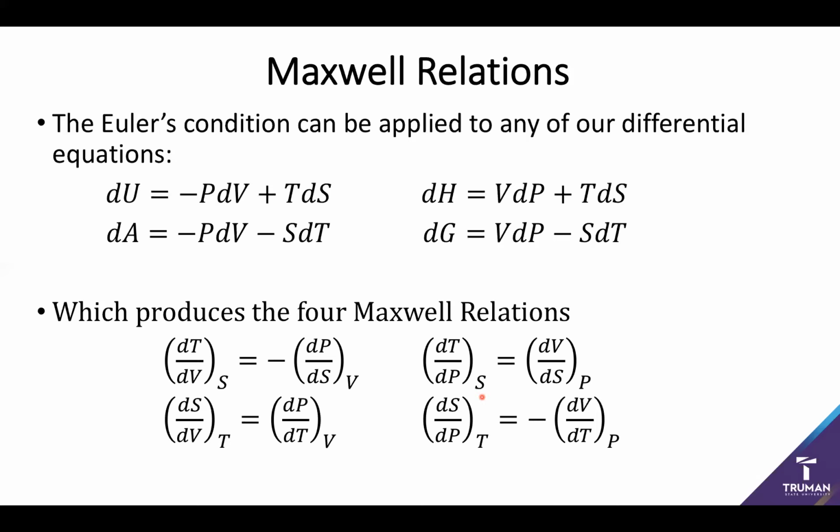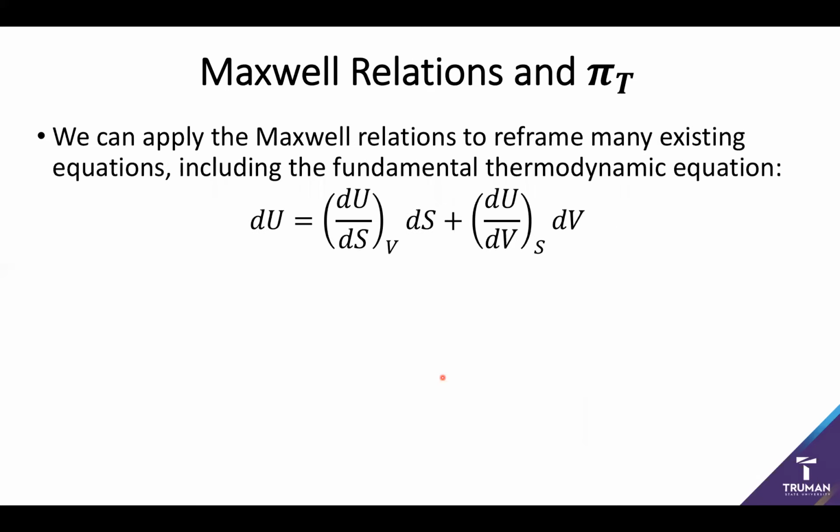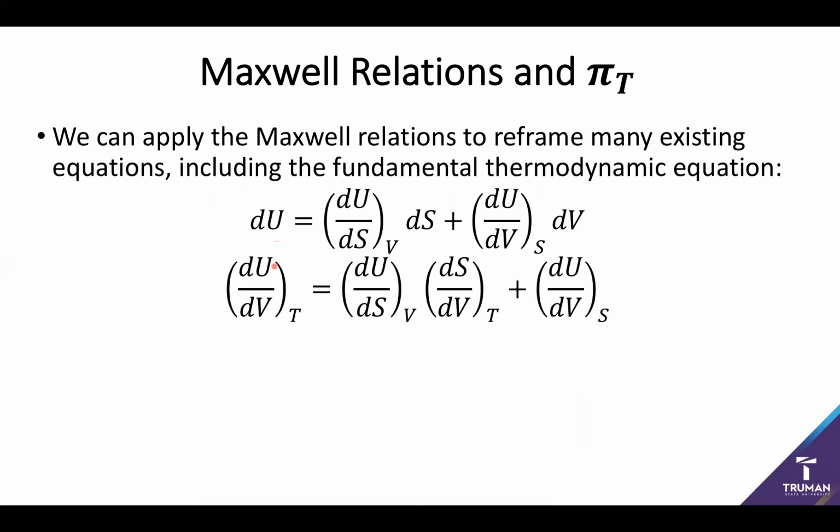And let's go ahead and work an example of how you can apply Maxwell's relationships. So let's go back a little bit to, again, our differential equation with respect to internal energy. And now we're going to take the isothermal derivative of our internal energy with respect to volume. Now, when I do this, I have to also apply this derivative with respect to entropy and volume itself, which again just cancels out.